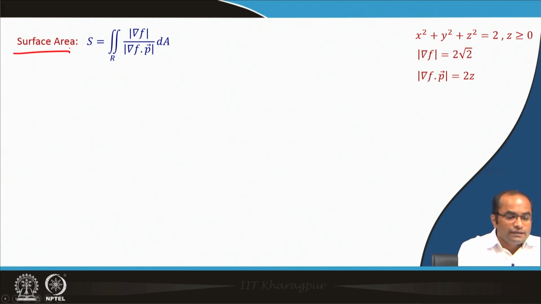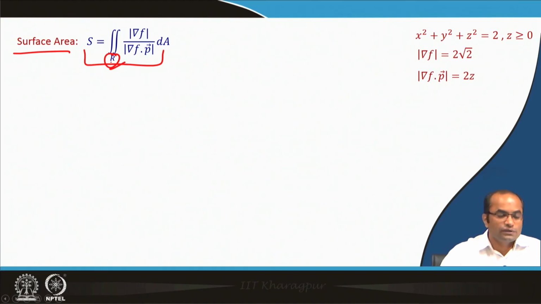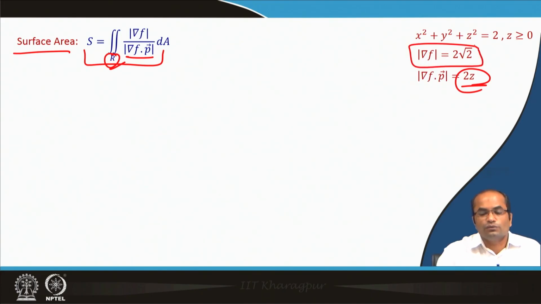The surface area integral is to be computed over R, the projected circular disc, and we have already computed the gradient of f dot p, which is 2z, and the absolute value of the gradient of f, which was 2 square root 2. So, we have everything available now to compute this integral.